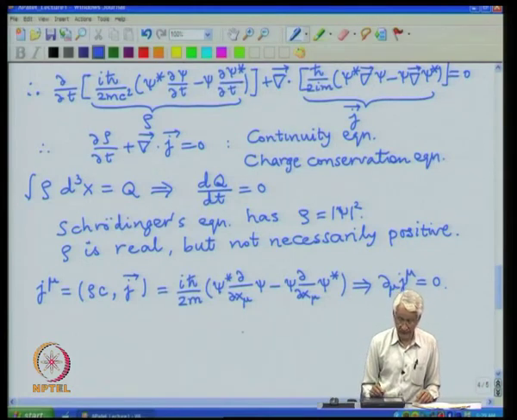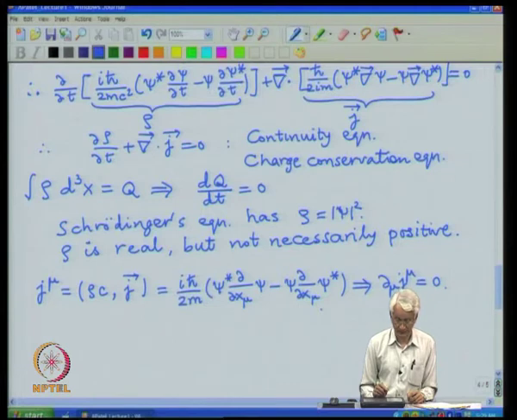This, however, is different than the non-relativistic situation, and I have chosen the normalization so that the 3 component of current looks exactly the same as what came out from Schrodinger's equation, but the time component is different. In case of non-relativistic situation, rho was just absolute value of psi square. Here it is a different combination.